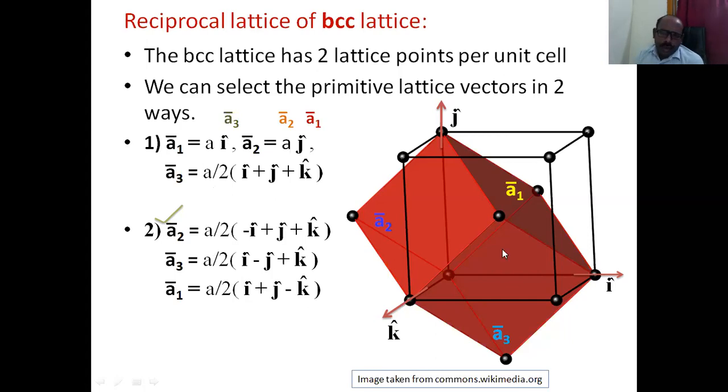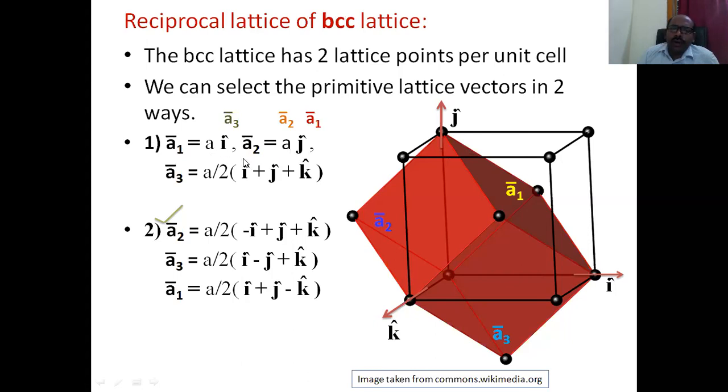The basis vectors mean that if we repeat the lattice points in this direction, and repeat the lattice points in this direction, we should be able to fill up all the lattice points in space. That is the purpose of the basis vectors.